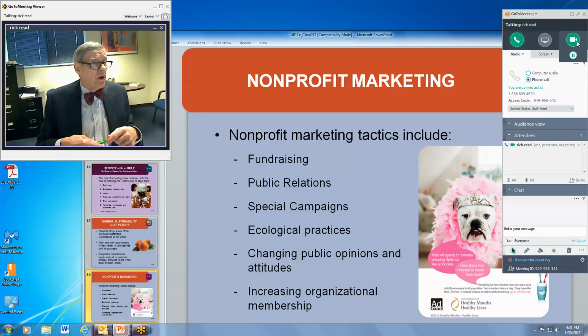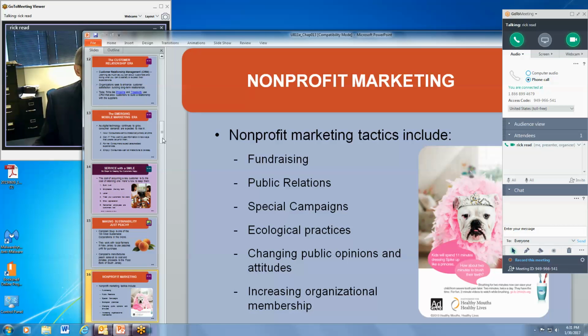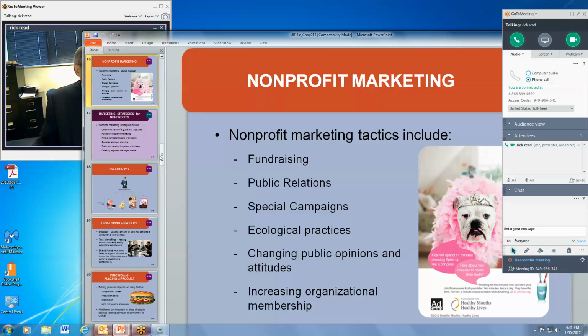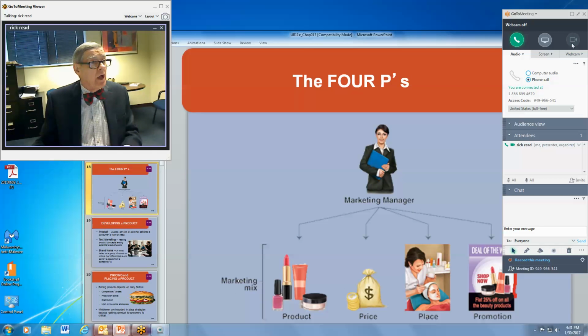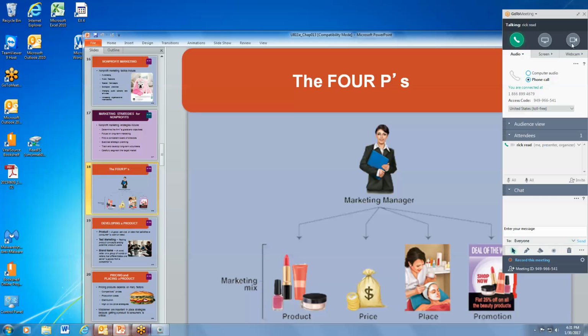And they work on changing public opinion and attitudes and things of that nature. And last, yes, they need to increase the number of people either in the organization, active members, or those who will donate because that's their lifeblood. And so they need to have an increase, and that's kind of what they focus on.